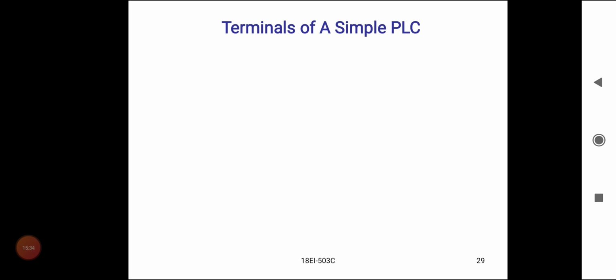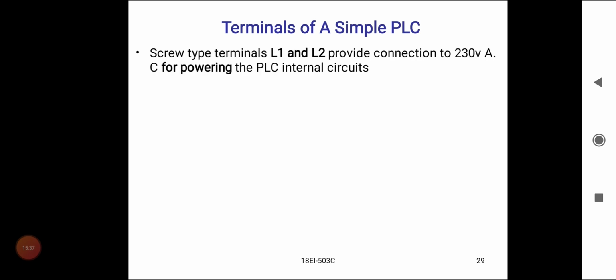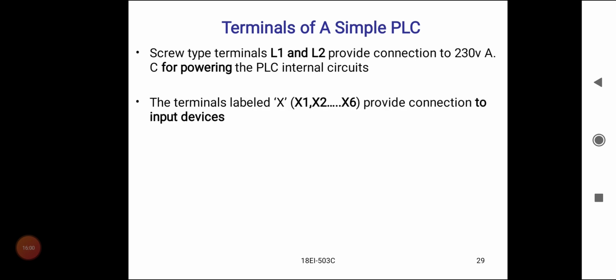The terminals of a simple PLC. Screw type terminals L1 and L2 provide connection to 230 volts AC for powering the PLC input terminal circuits. The terminals labeled X, X1, X2 up to X6 provide connection to the input devices.